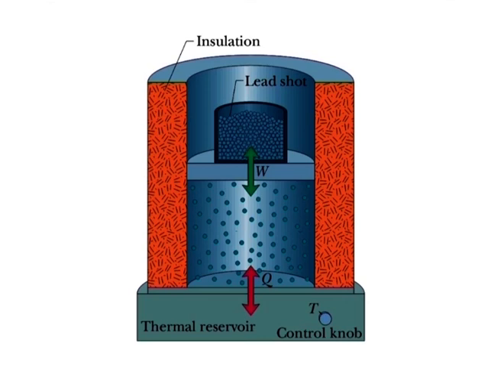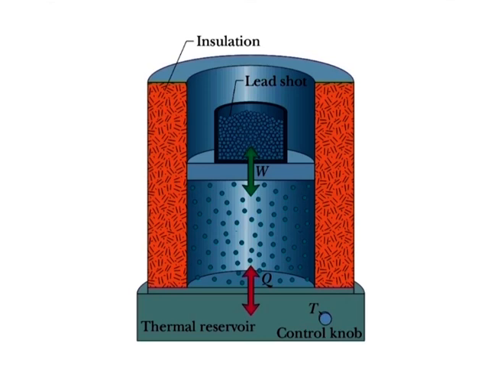The walls of the cylinder are made of insulating material that does not allow any transfer of energy as heat. The bottom of the cylinder rests on a reservoir for thermal energy, a thermal reservoir whose temperature T you can control by turning a knob.